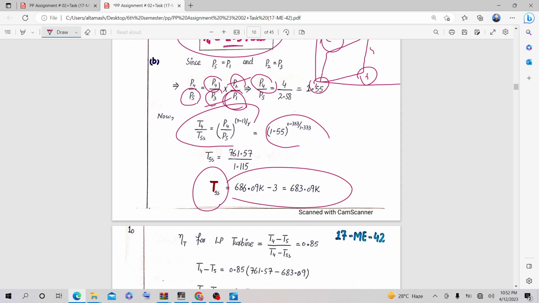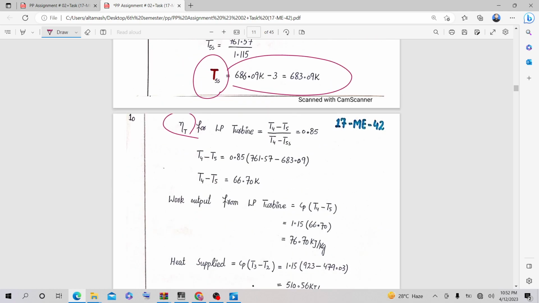Now this T5s is equal to 686.09 Kelvin. We will just plug in the values of P4, P5, T4 and we will get the value of T5s. And from the value of T5s, I will use the relation of isentropic efficiency of the low pressure turbine to get the value of T4 minus T5.